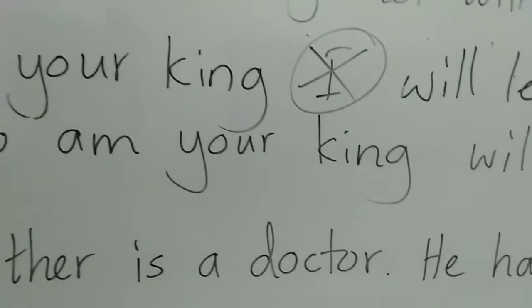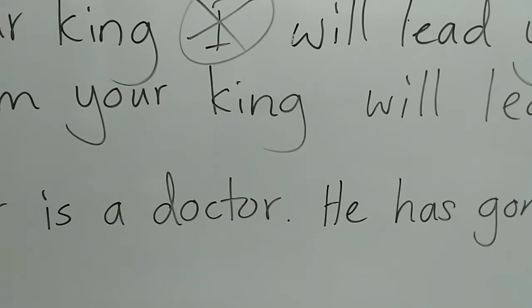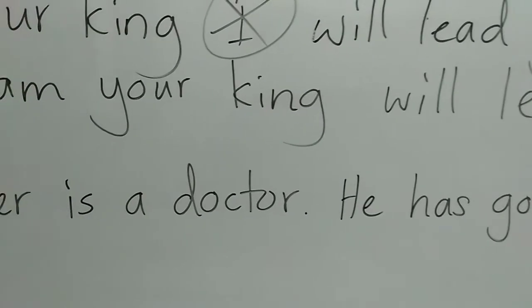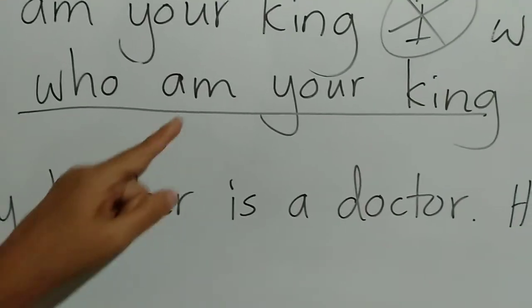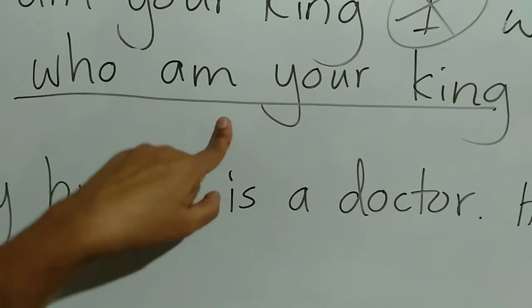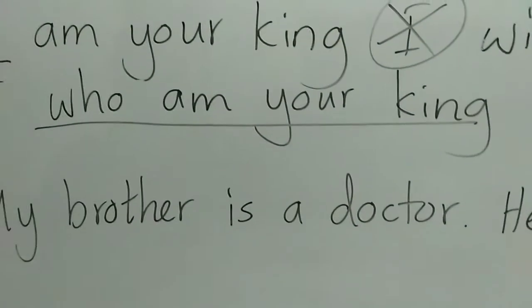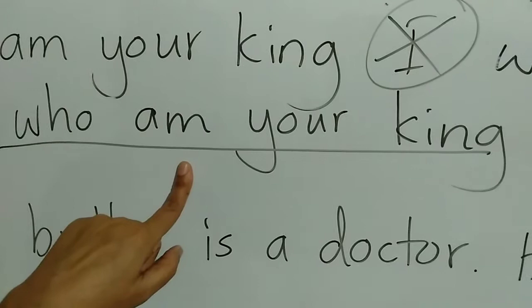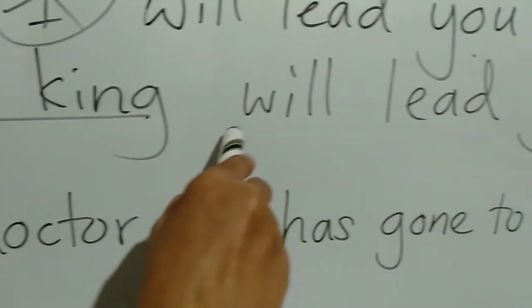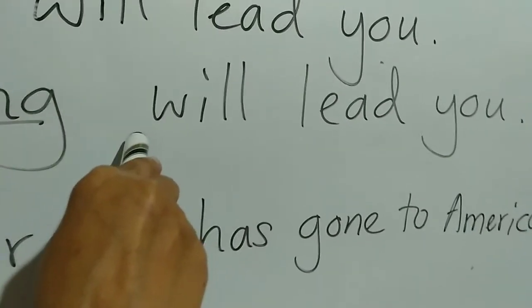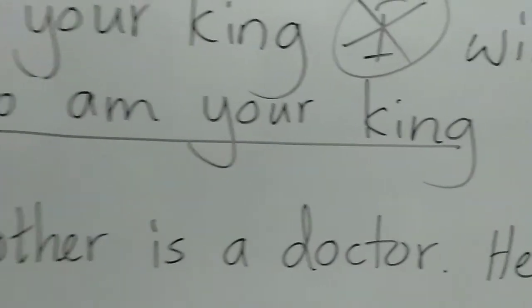Next thing you want to check whether this sentence is defining or non-defining. Who am your king is not particular for this sentence. That's why this will become non-defining. There may be some other persons who will lead you, you do not know. That's why this will become non-defining.